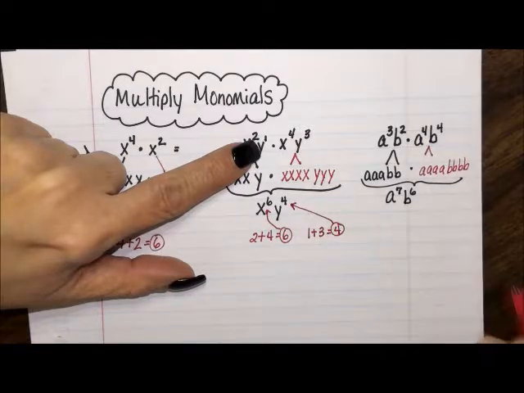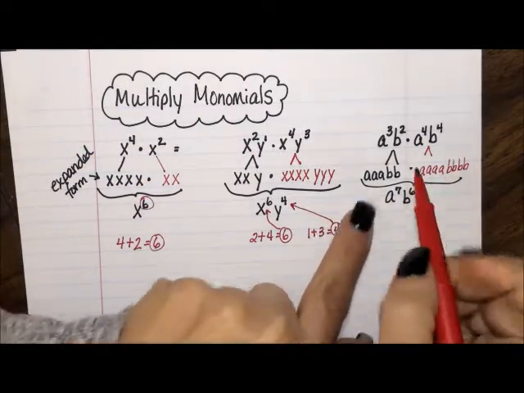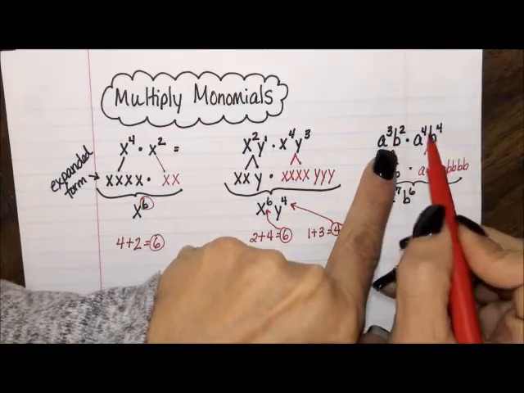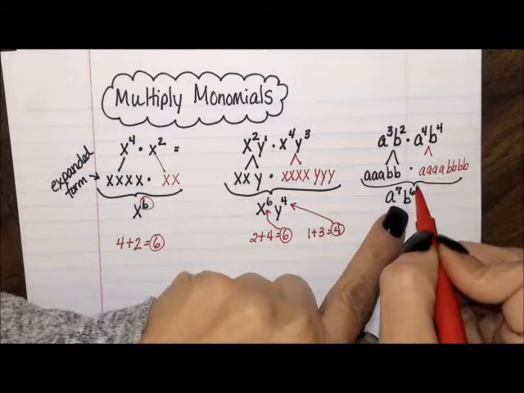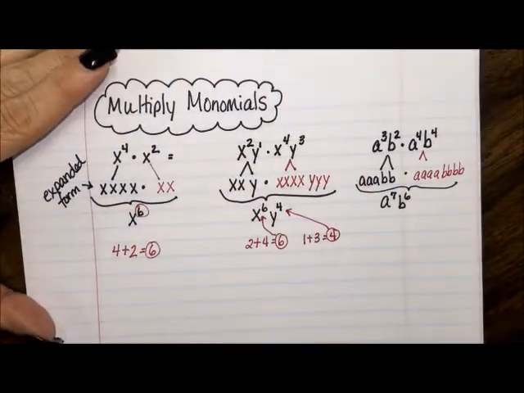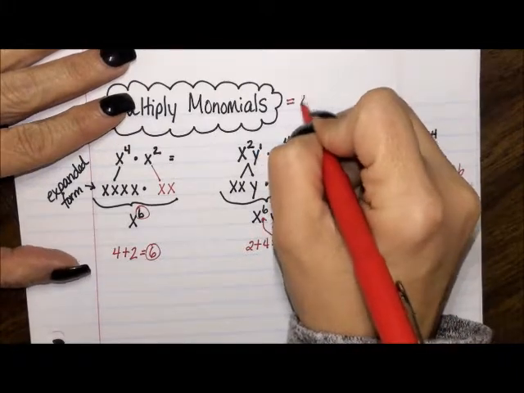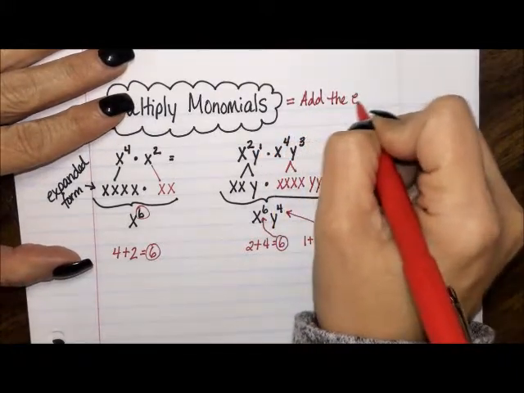And look at that right there. So, if that's true, 3 plus 4 is 7. 2 plus 4 is 6. So when you multiply, you actually add the exponents.